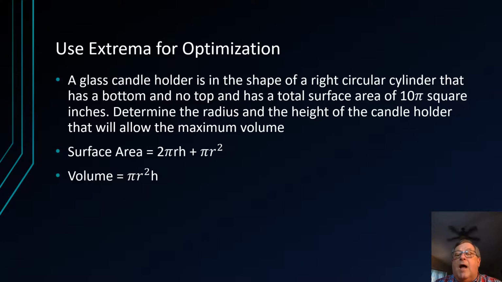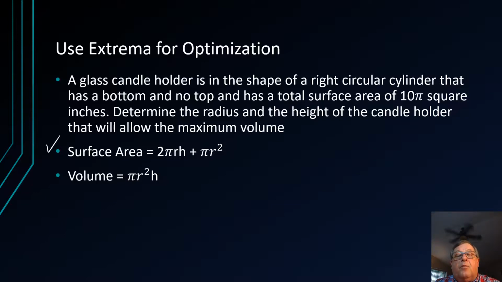Determine the radius and the height of the candle holder that will allow the maximum volume. All right, so I know the surface area, and then I'm thinking, well, what is the formula for the surface area of a right circular cylinder that has a bottom and no top? You may think as a teacher that I would just know exactly what that was, but that would be wrong. I did a search for that and got this formula for the surface area.